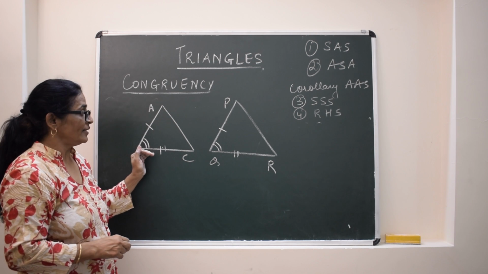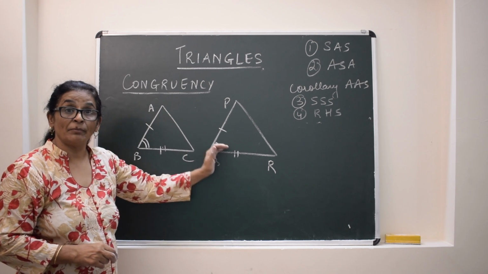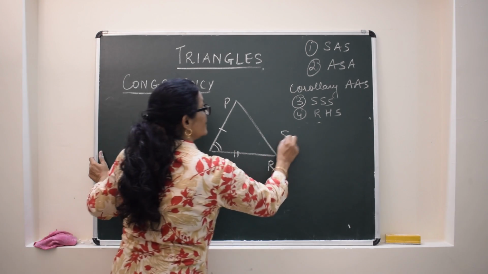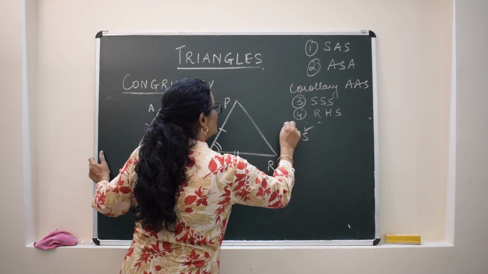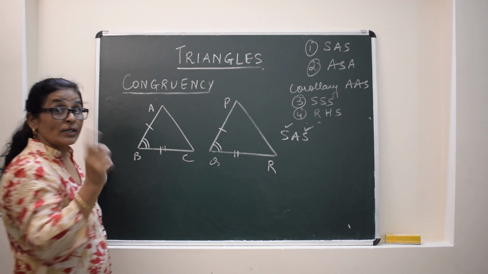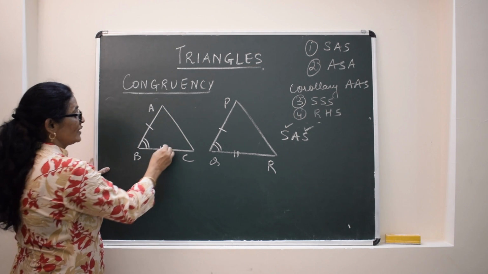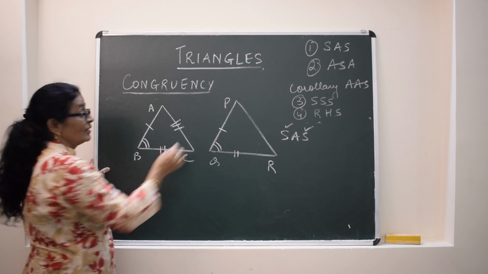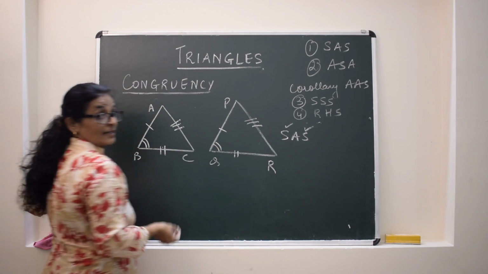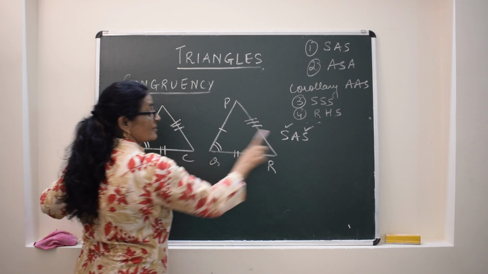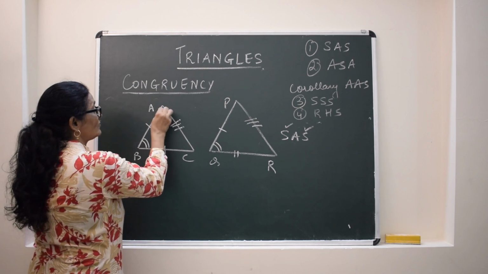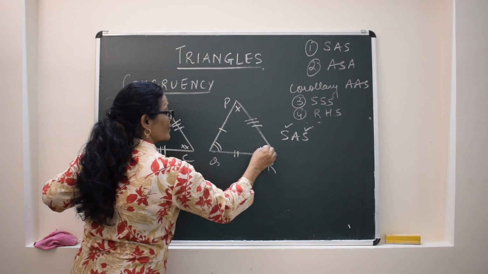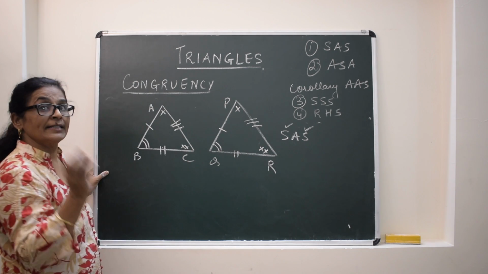If a triangle is congruent to the other triangle by a particular criteria, suppose here I have taken SAS, it means I have taken 2 sides and 1 angle. What is left out? Left out is this third side. This third side, and 1 angle is taken in consideration. So what is left out? These 2 angles. Will they be equal? Yes.